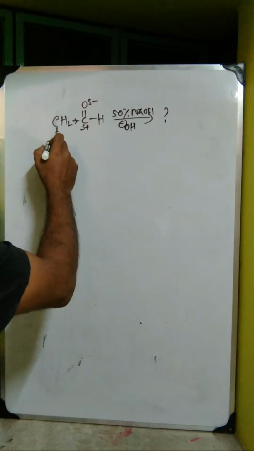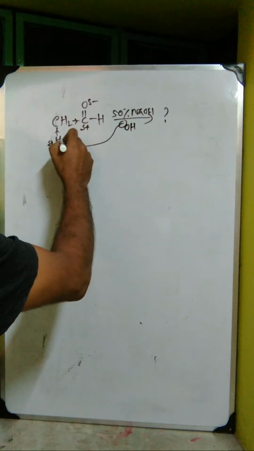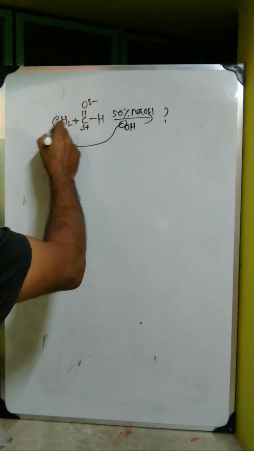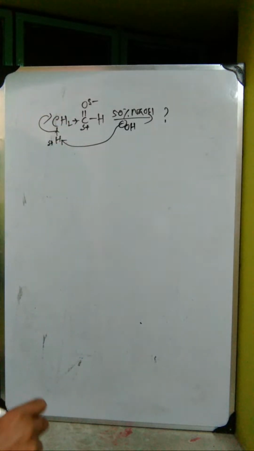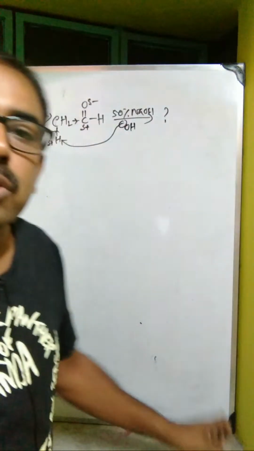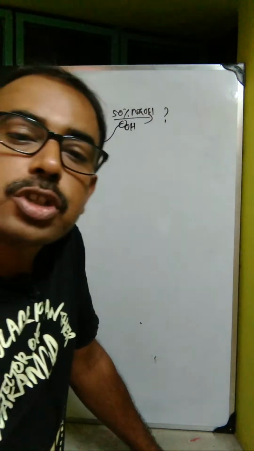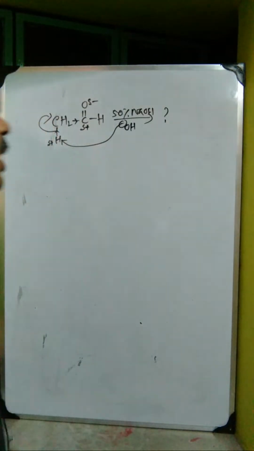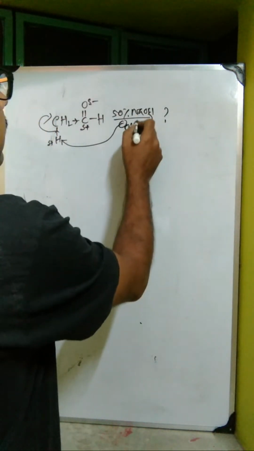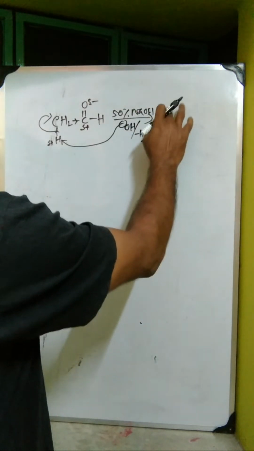So some partial positive charge is there, and OH− easily attacks this hydrogen. Hydrogen leaves as H+ ion by giving up its bond pair electrons to the alpha carbon. Here H+ combines with OH− to form H2O. So H2O is released and a carbanion is formed.